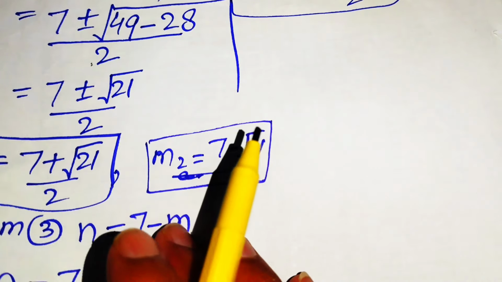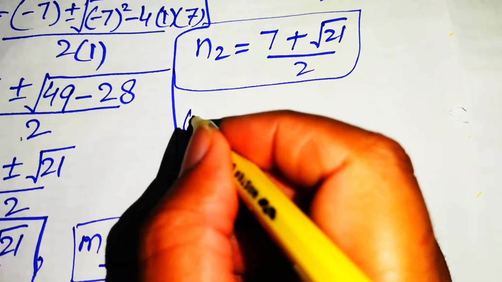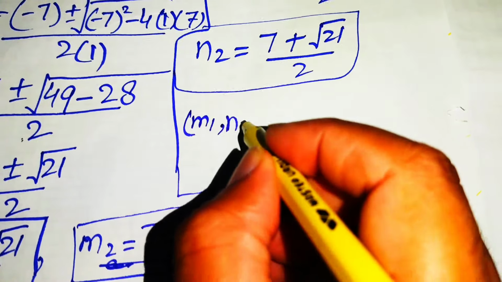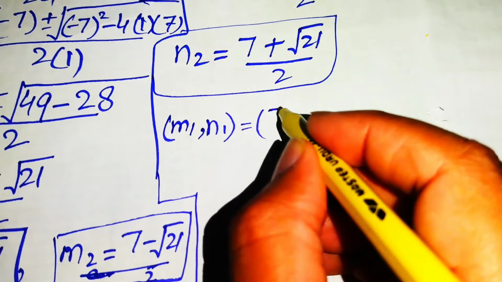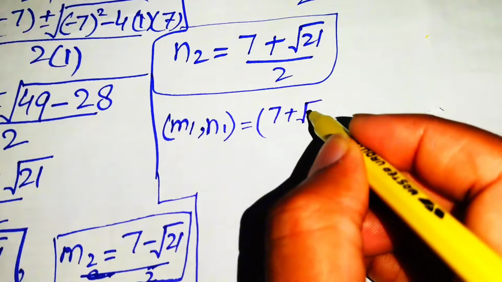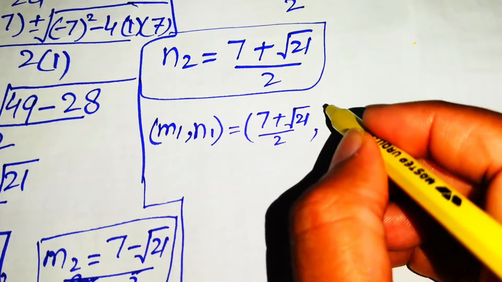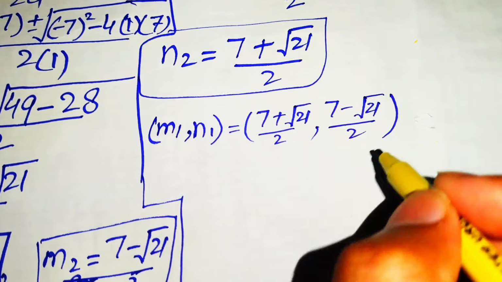Finally, we have two solutions of the given problem. The first solution is m1 and n1: m1 is 7 plus square root of 21 divided by 2, and n1 is 7 minus square root of 21 divided by 2.